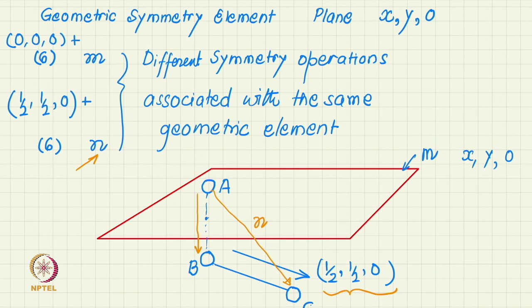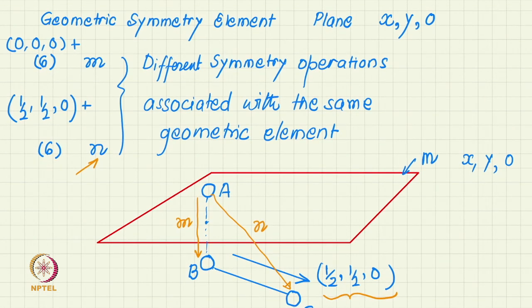And this operation directly reflecting here was the reflection operation. So, both are given this number 6 because the two are related. One was without the half of 0 translation, so that is in the 0 plus group. The other is with half of 0 translation, so that is in the half of 0 plus group.